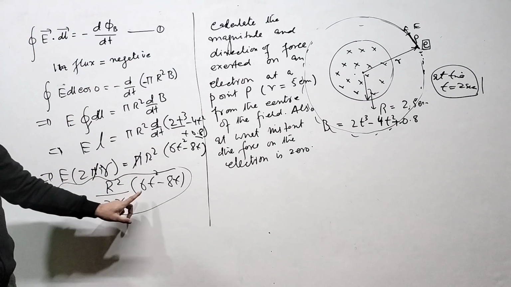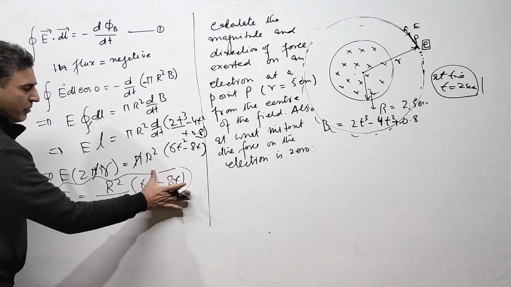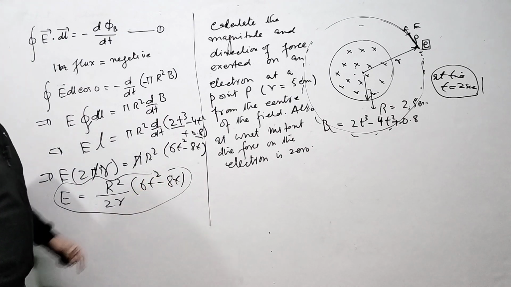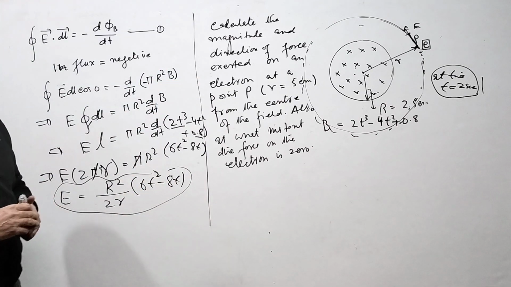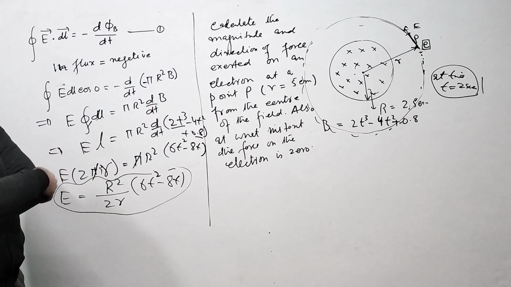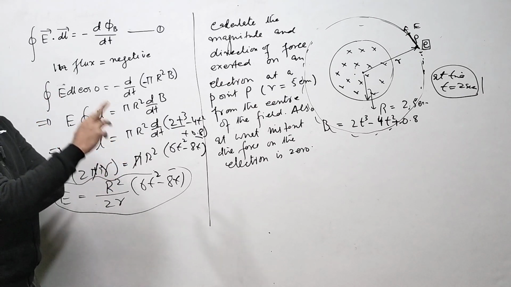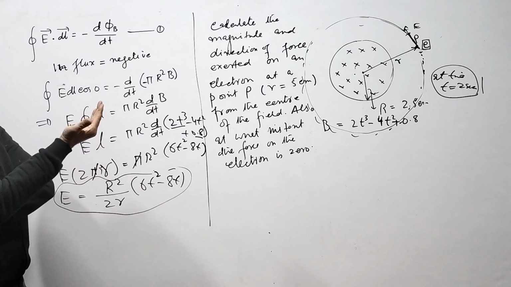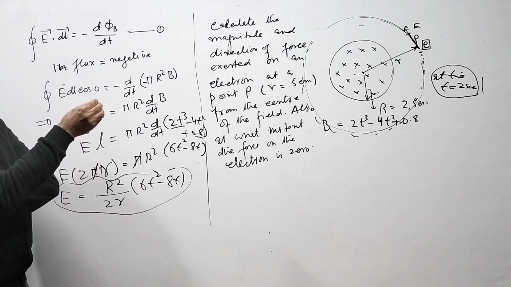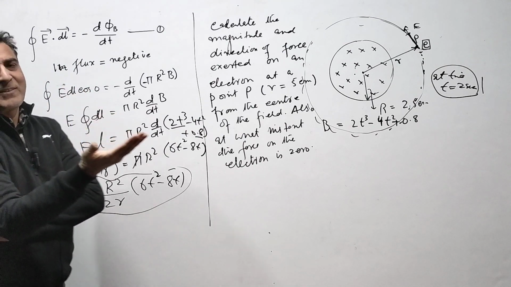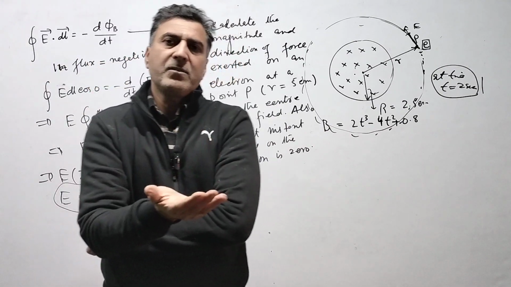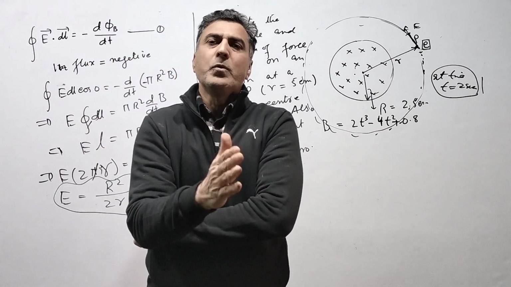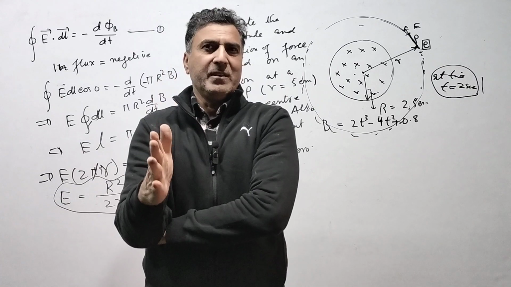Because the electric field is a function of time, we have to give the time as a particular value. So why not find the electric field at t equal to 2 seconds? If I find the electric field and its direction, then I will put the electron there and find the force on the electron. Because you know, force on a charge is equal to Q into E, charge into electric field.